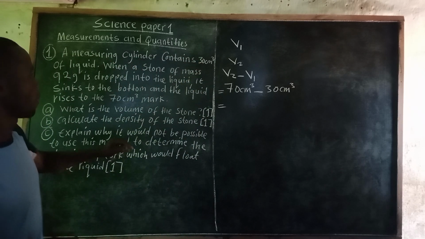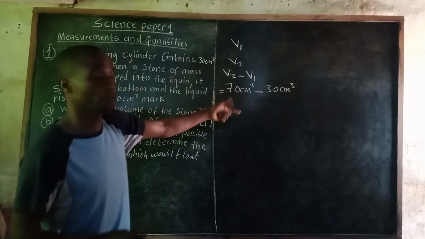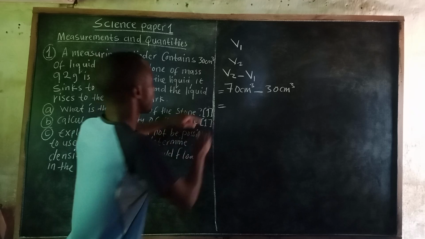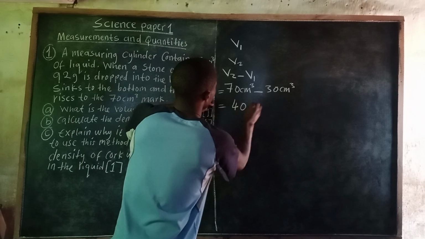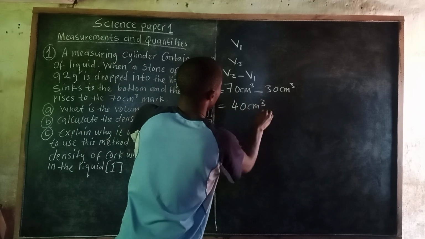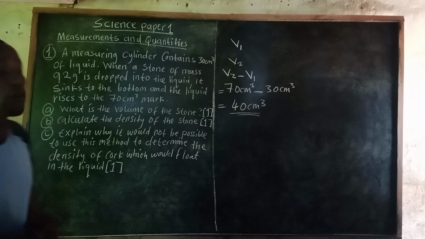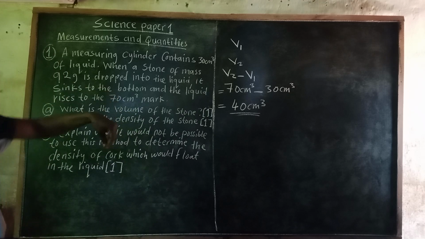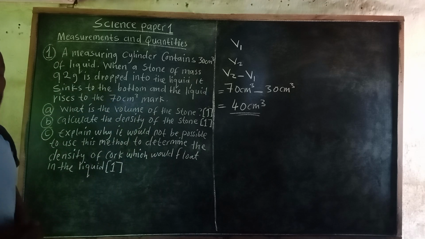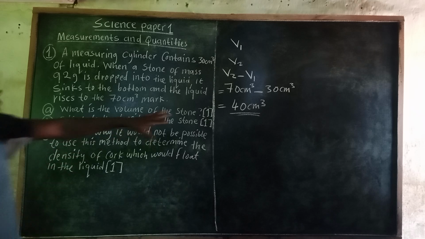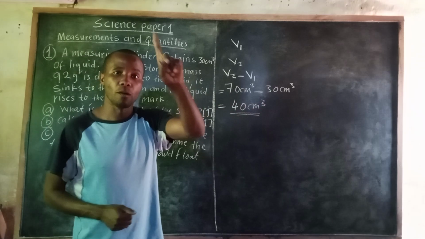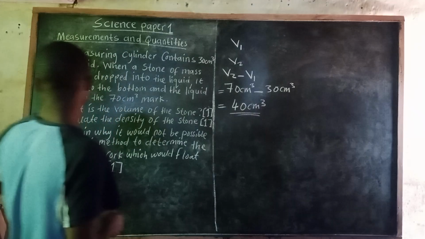Then from there, what is the answer? The answer will be 40 centimeters cube. And this will be the volume of that particular stone, which was dropped in that measuring cylinder. Okay, so it means here we have gotten the 1 mark. Then we go to the next one.